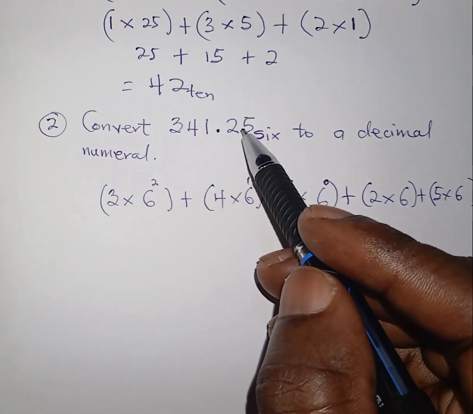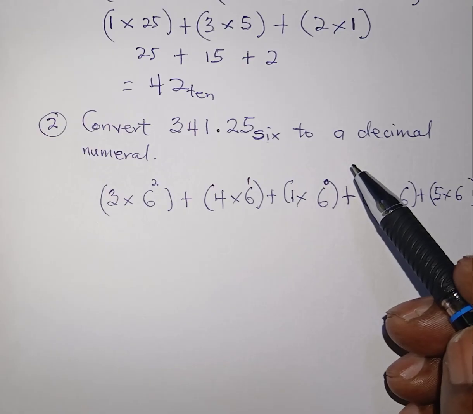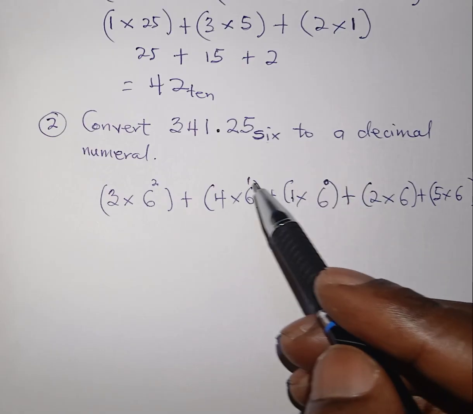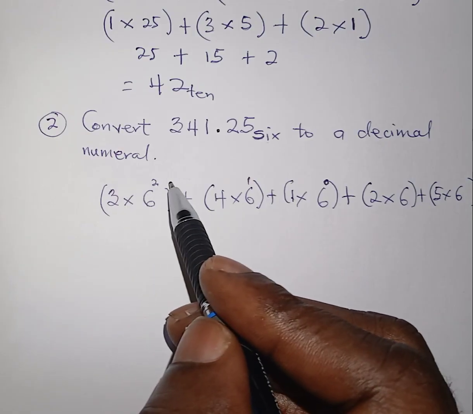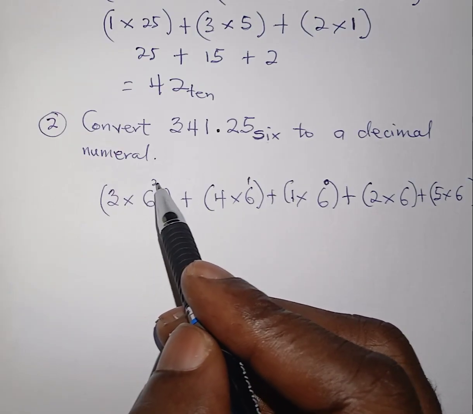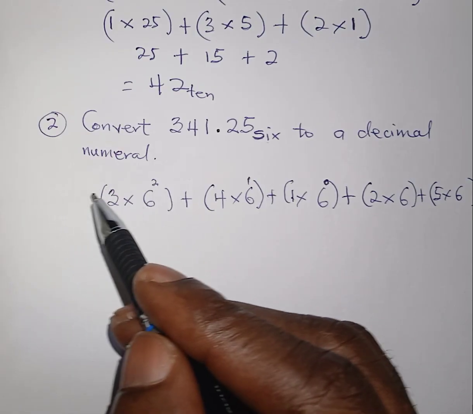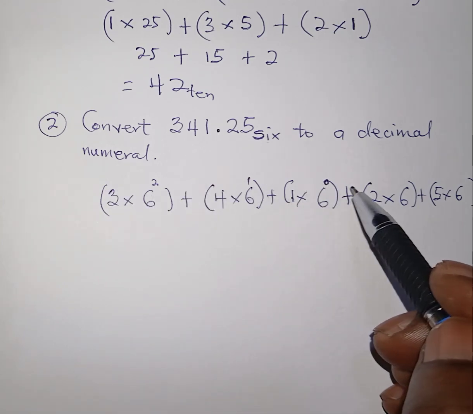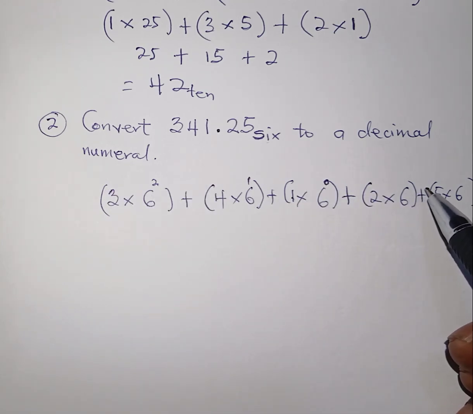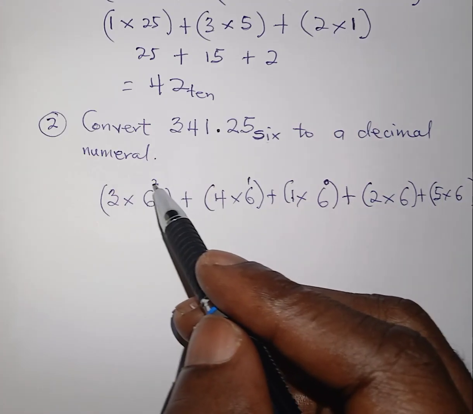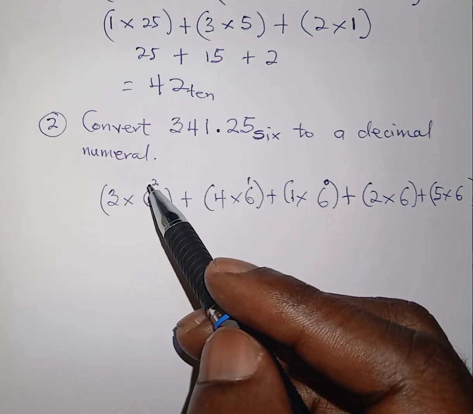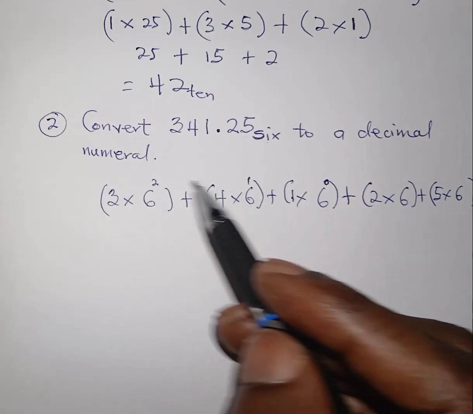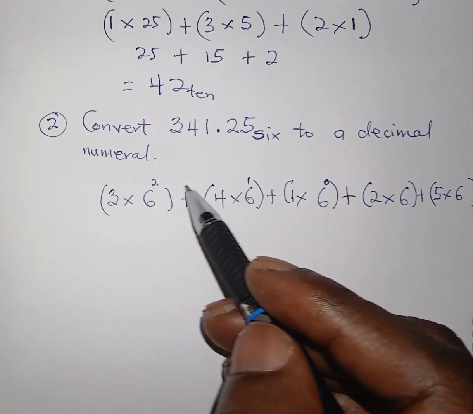What about the right direction? If I'm moving to the left side, the exponent will be increasing. But as I'm moving to the right side, the exponent will be decreasing by 1. You see that each of the exponents to the left side is increasing by 1.